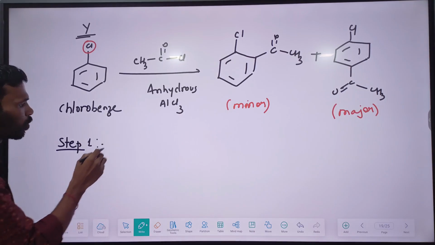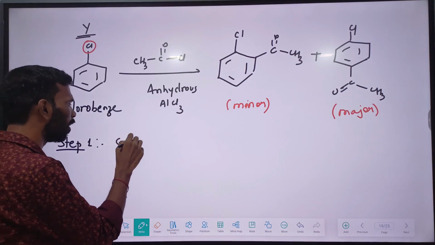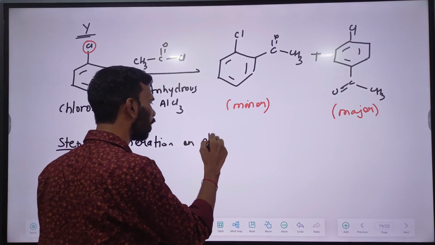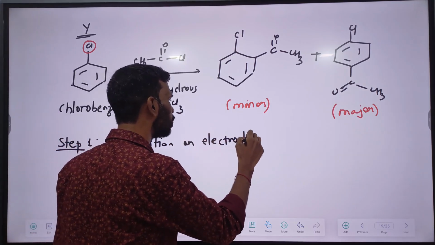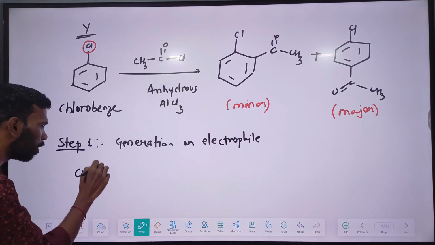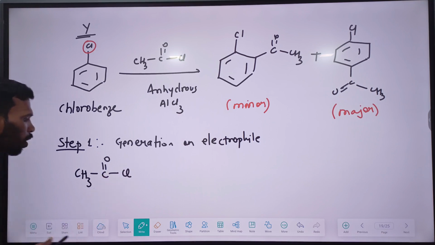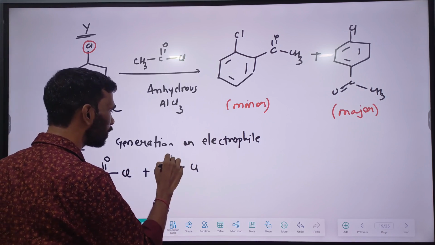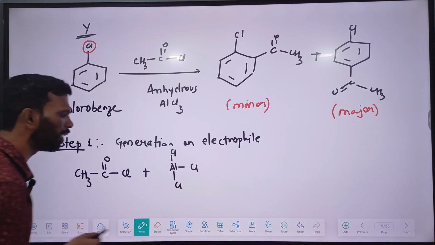So step 1 is generation of an electrophile. How? The ethanoyl chloride, CH3COCl, will react with aluminium chloride. This is a Lewis acid, which is always in need of the electron.